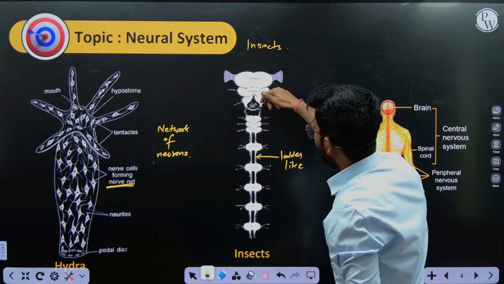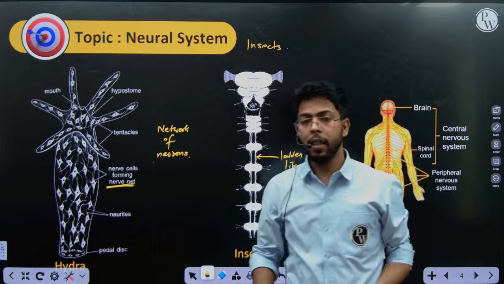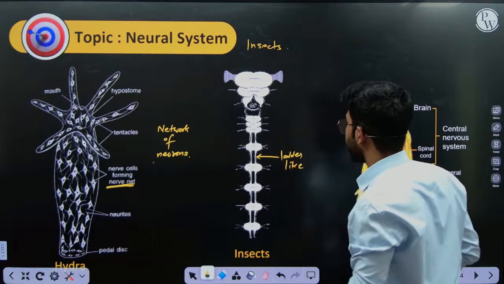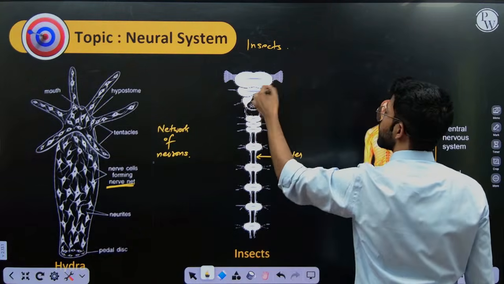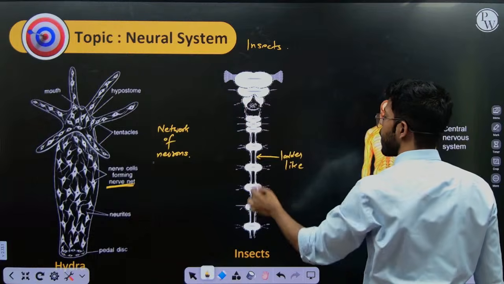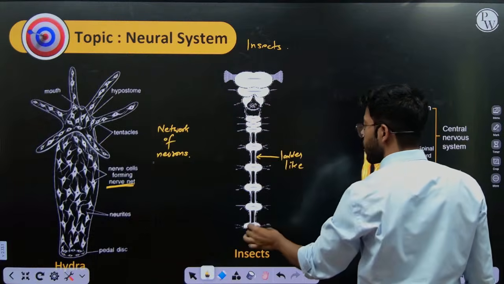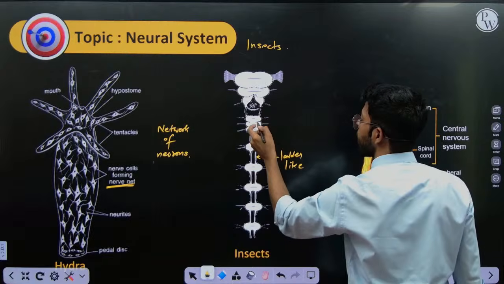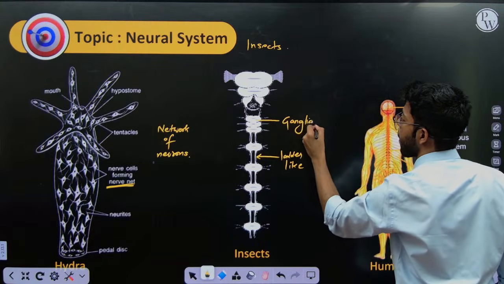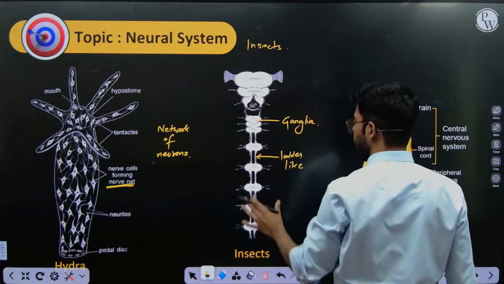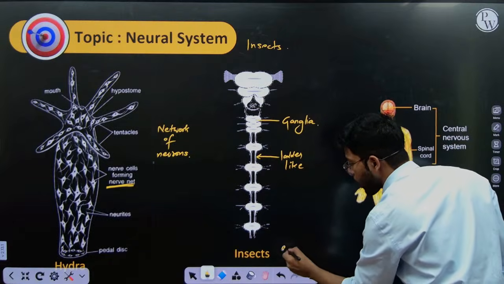Two ladder-like cords are present parallelly in the ventral region inside the insects. So this is the brain, and these are the ladder-like neural tubes arising from the brain, and these are the ganglia present inside the insects, for example the cockroach.